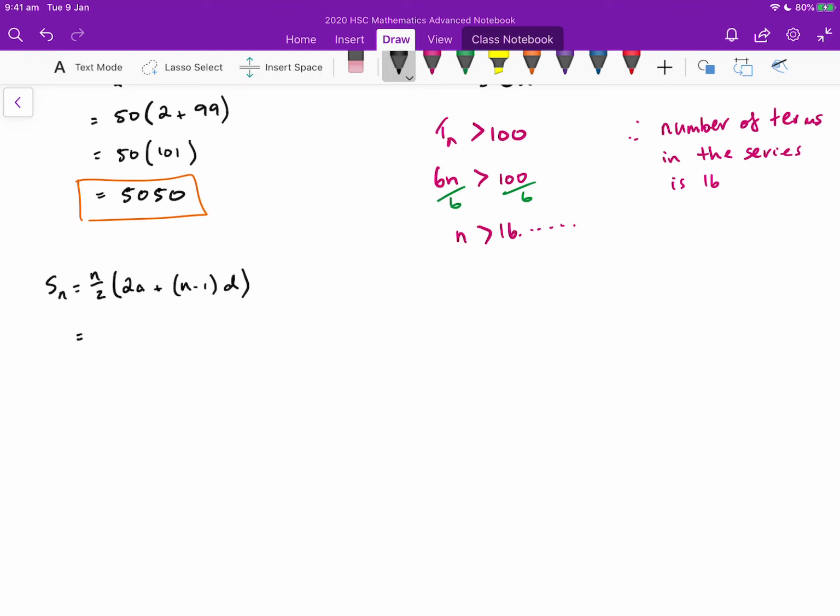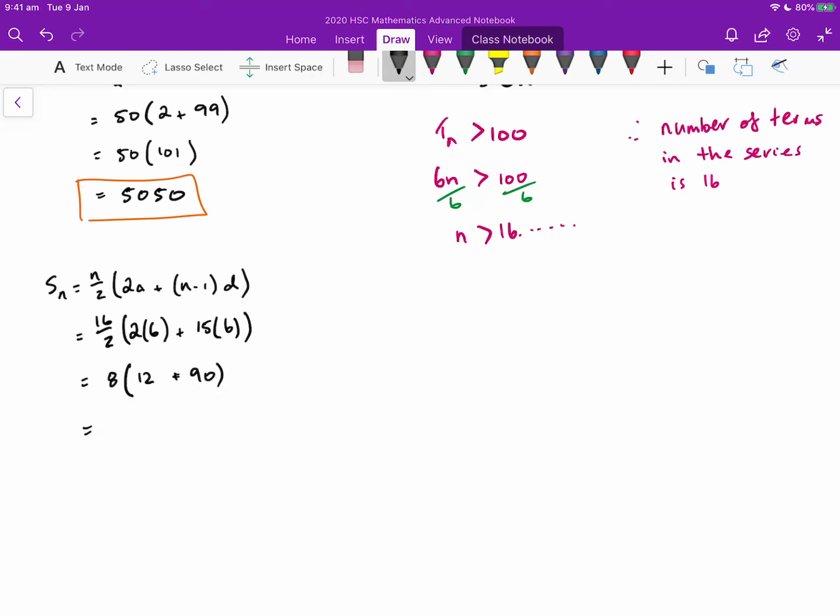So we're going to have 16 over 2, 2 outside of 6. The number of terms is 16, 16 minus 1 is 15, and of course our common difference is still 6 for this series. So we're going to have 8 outside of 2 lots of 6 being 12, and 15 lots of 6, well that's actually 90.